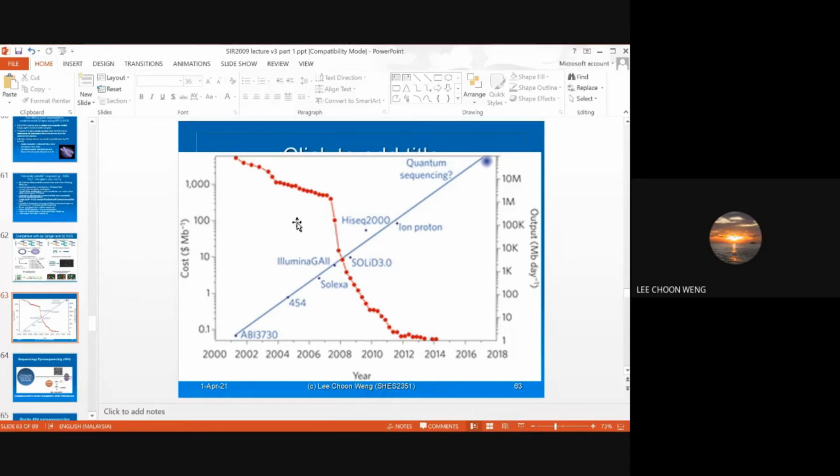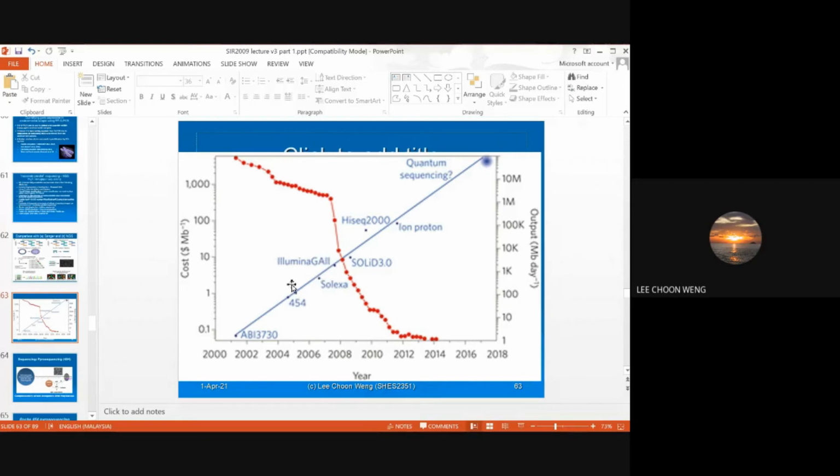But once the HiSeq and MiSeq systems came up, the price went down significantly. Not only the price came down, but also the speed at which you can get your results. Nowadays you can get a full microbial genome within just a few days.